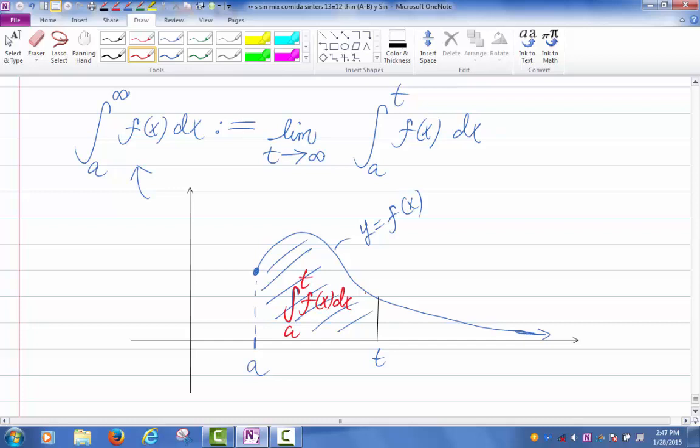Am I clear? For some functions, this infinite region will have finite area, but for some other functions, this infinite region will have infinite area. That is, it doesn't have a finite area. So there are infinite regions having finite area, and there are infinite regions having infinite area. Let me just stop there, because I don't have enough time to go over some examples. But next time we will go over examples like this.